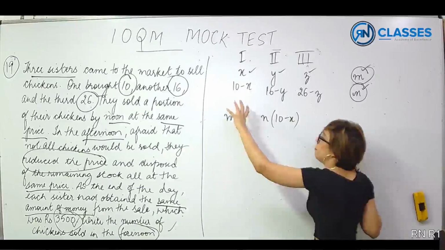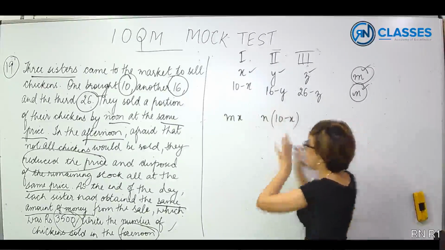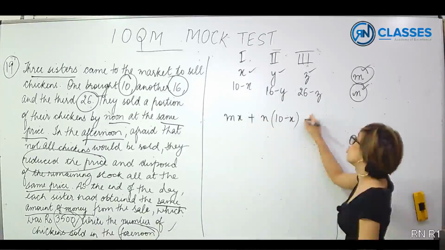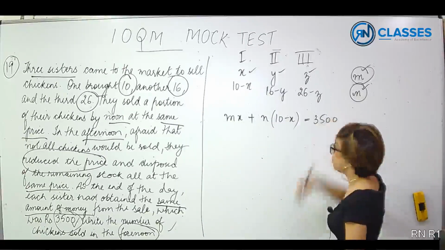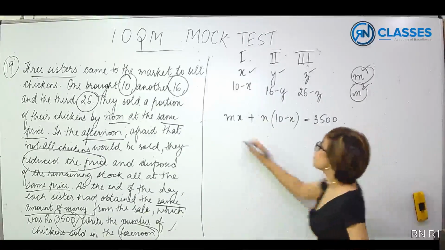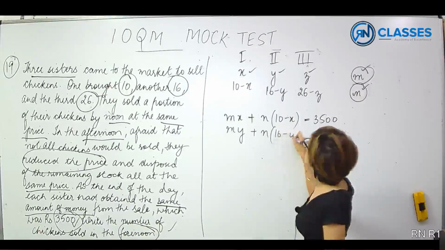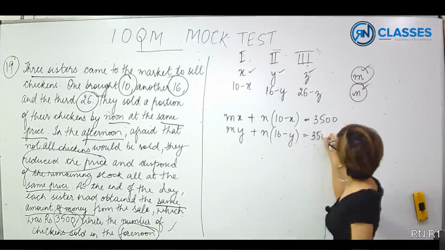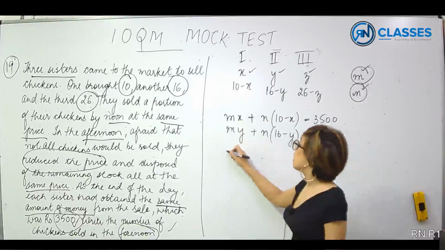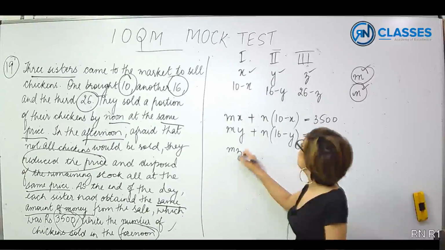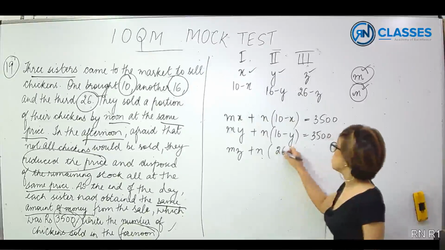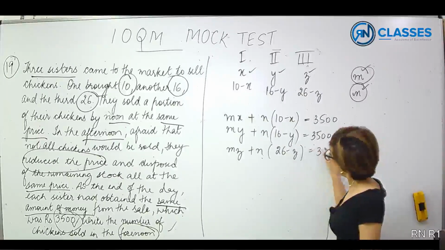So money in the morning plus money in the afternoon would be 3,500. Similarly, the second equation: my plus n into 16 minus y equal to 3,500. And then I can write mz plus n into 26 minus z equal to 3,500.